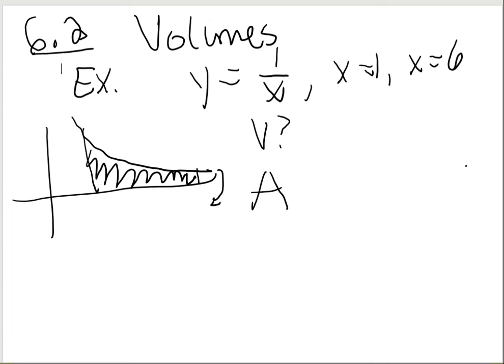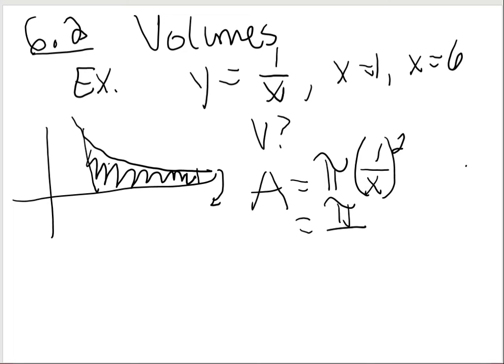Well, from before, our area is pi times our function squared, which is 1 over x squared, or pi over x squared.